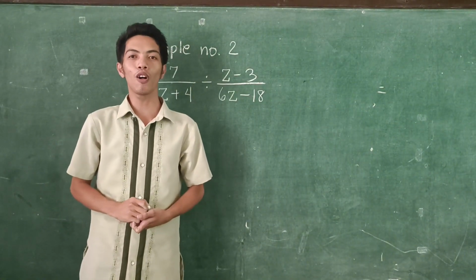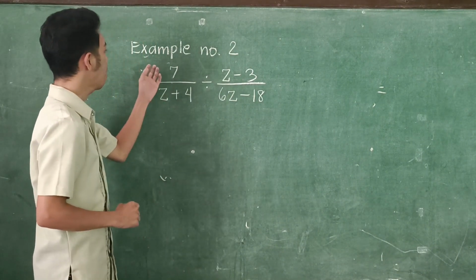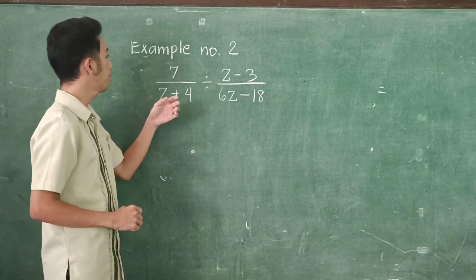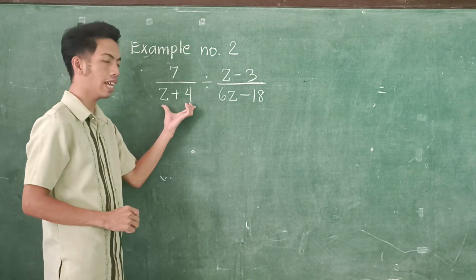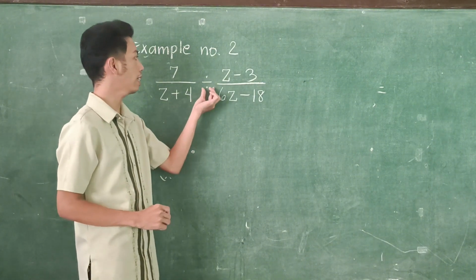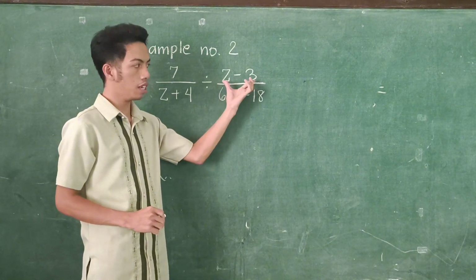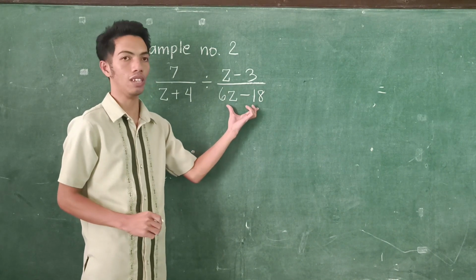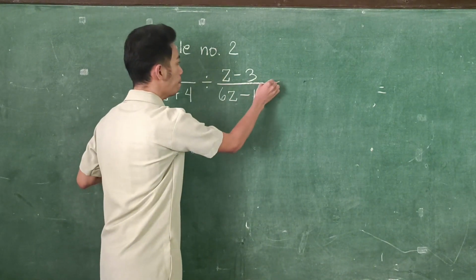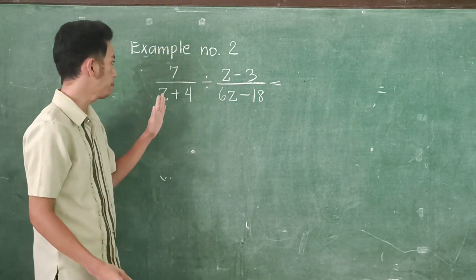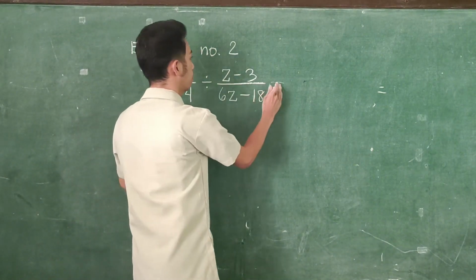Okay, let's have example number 2. Example number 2 is given by 7 over z plus 4 divided by z minus 3 over 6z minus 18. First step, keep, change, flip. Keep the dividend.